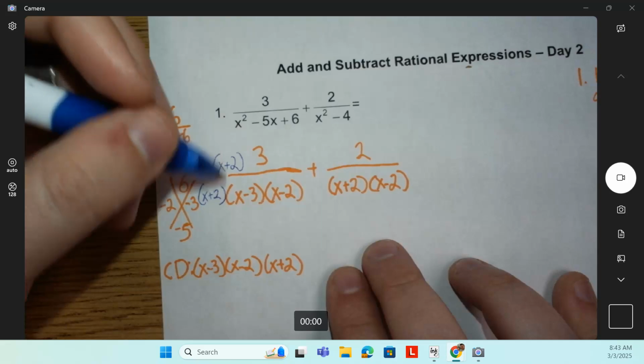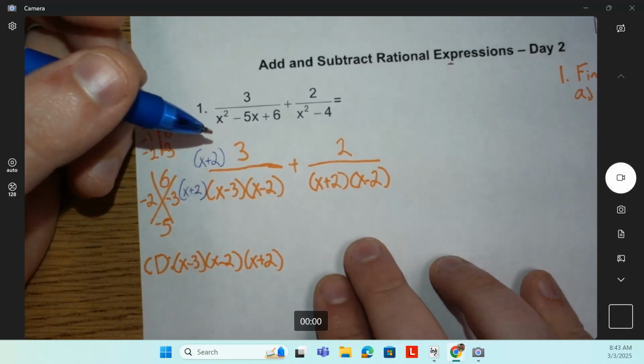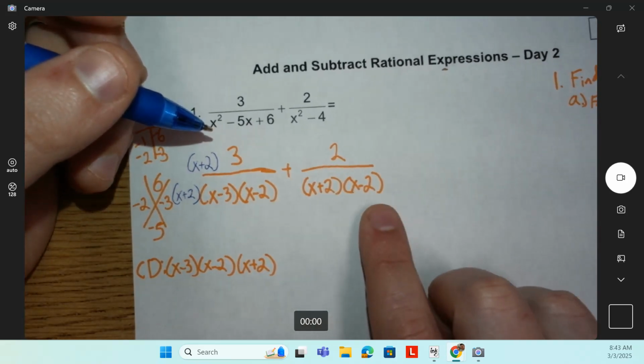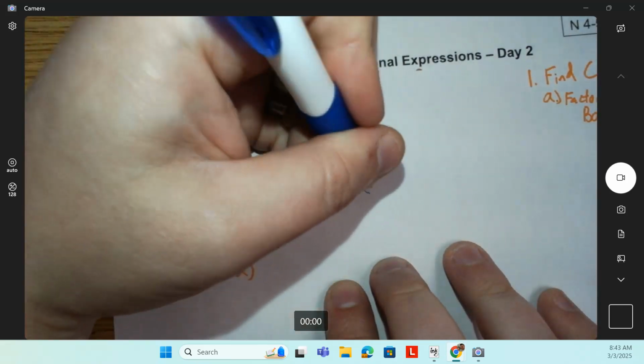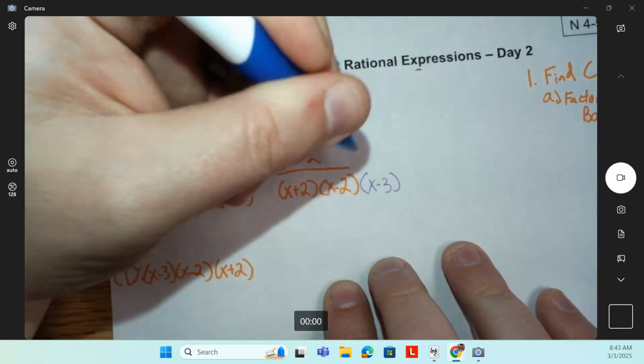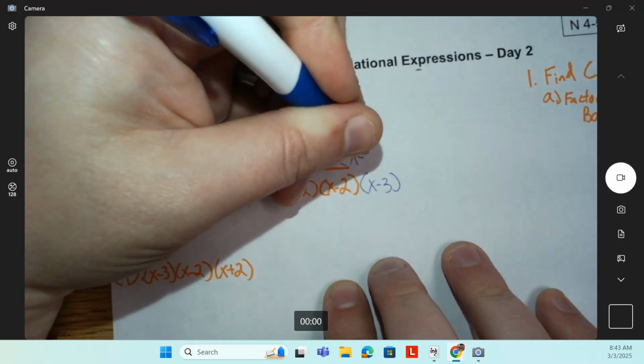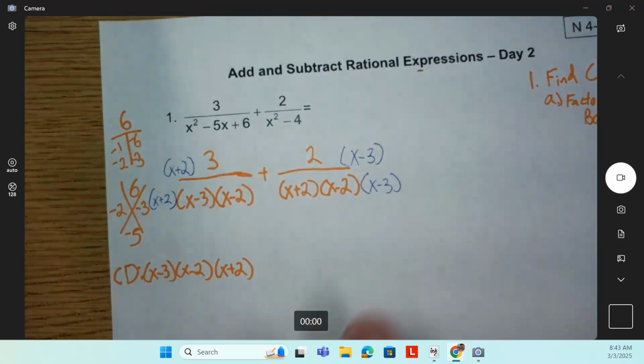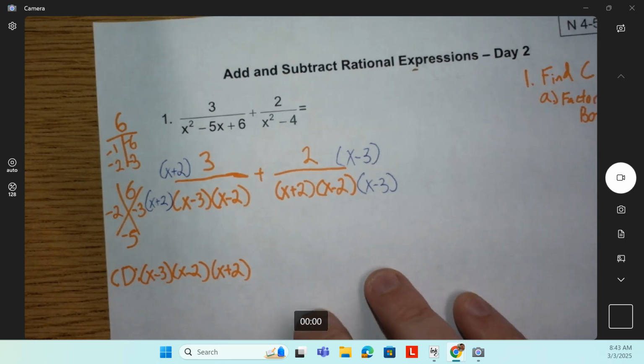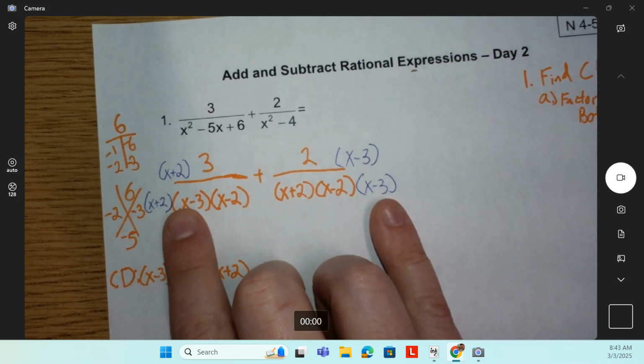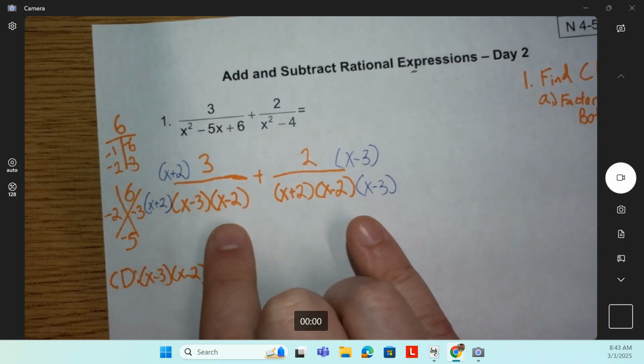Then this one is missing an x minus 3, so I'll multiply top and bottom times x minus 3. What I get is two fractions that have a common denominator now, and it's the smallest common denominator that we can get.